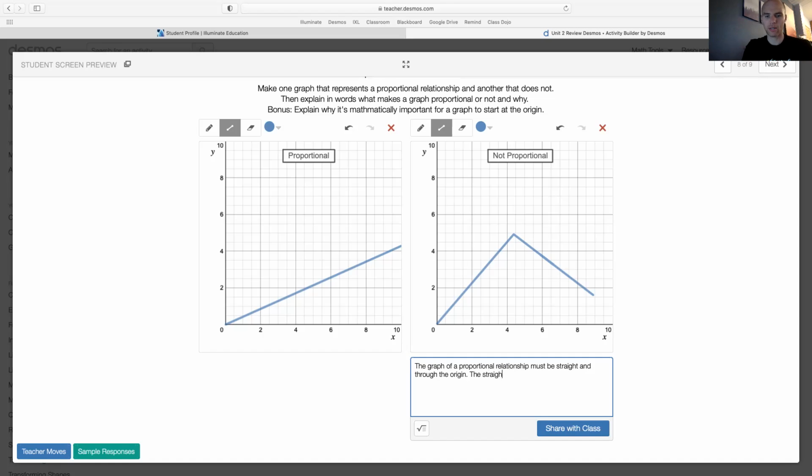The straight line represents the equivalent ratios in a proportional relationship. But if you think about, I'm going to move this line a little bit just to make the math easier to explain.